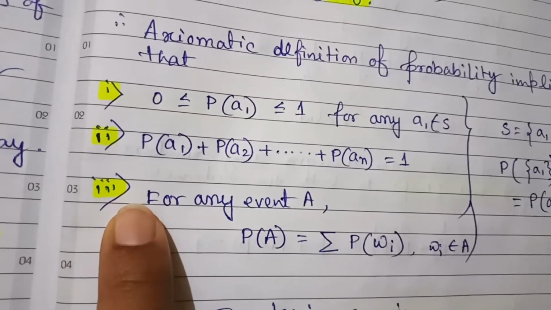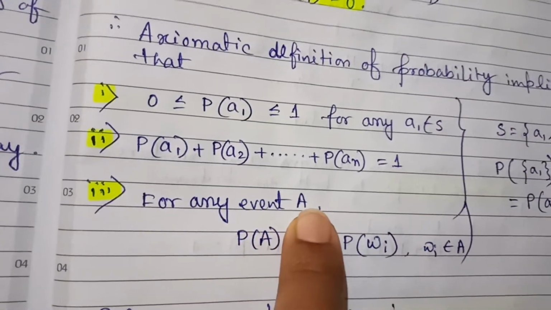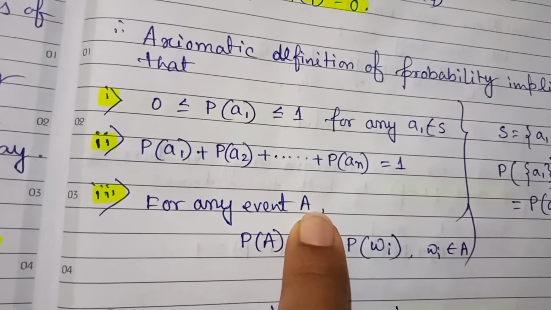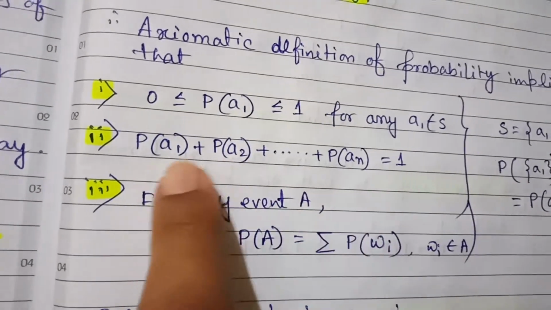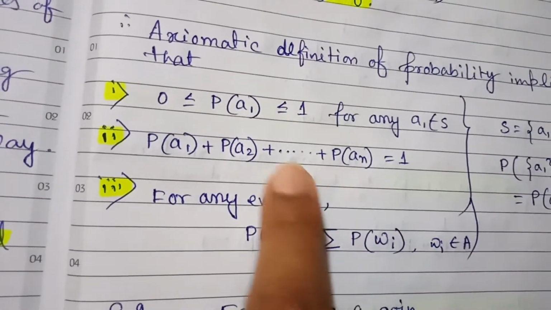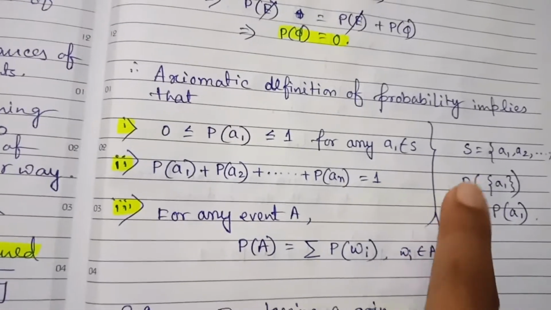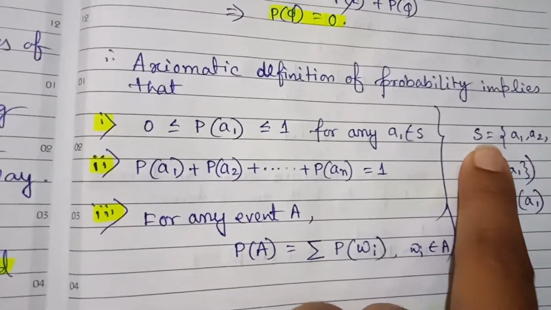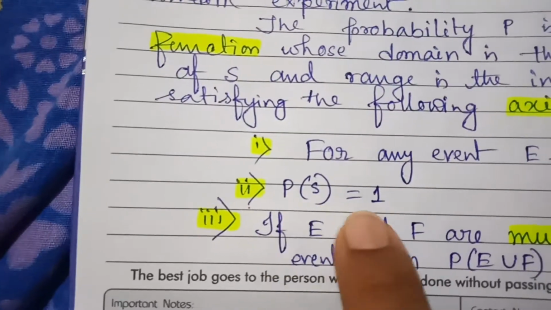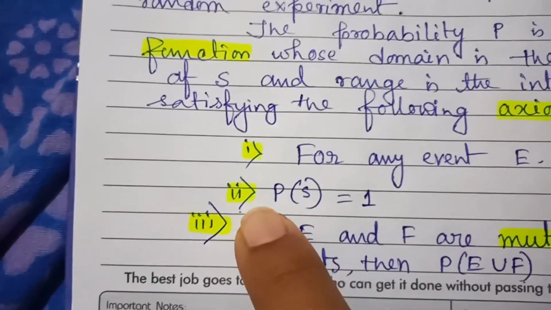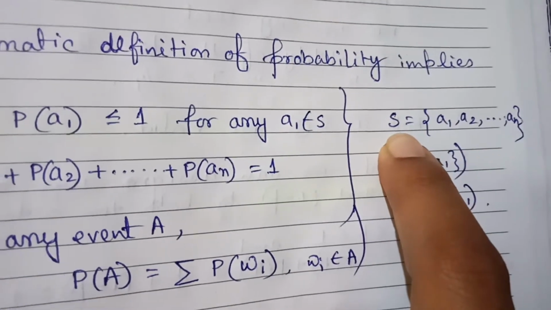Third condition, for any event A. From this we can write one thing: we know P(S) equals 1, right? Here we have said once P(S) equals 1, and here P(S) equals 1.